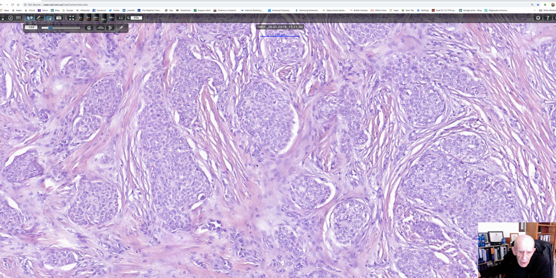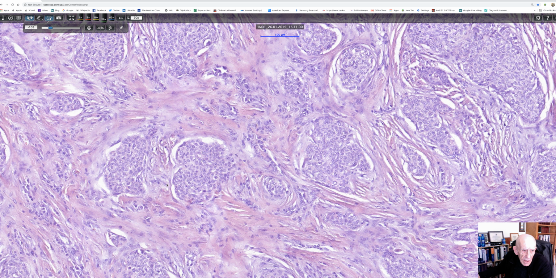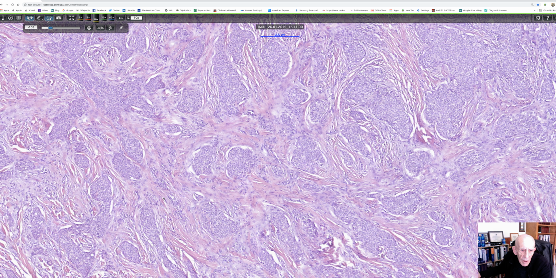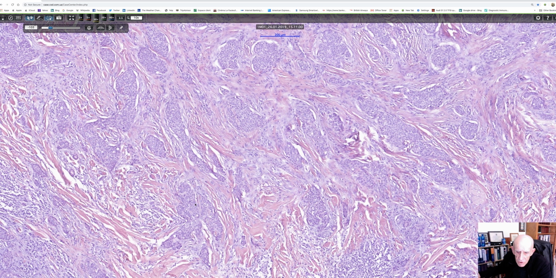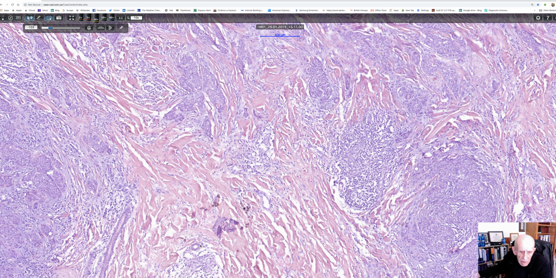Now, the other thing you have to look for in a porocarcinoma, because I think it does have prognostic significance, is to see whether you can find any perineural infiltration, and more importantly, lymphovascular invasion.